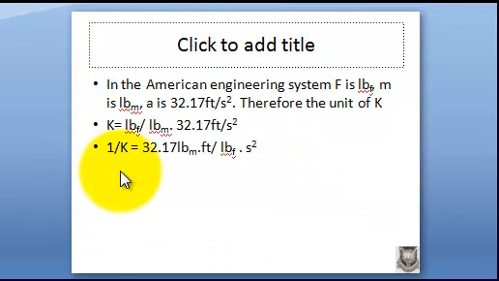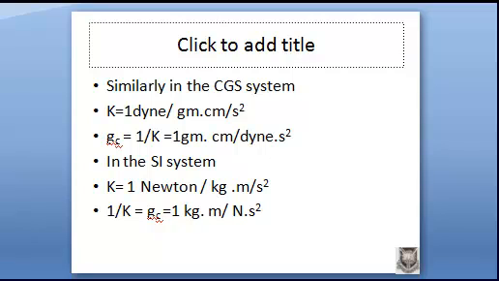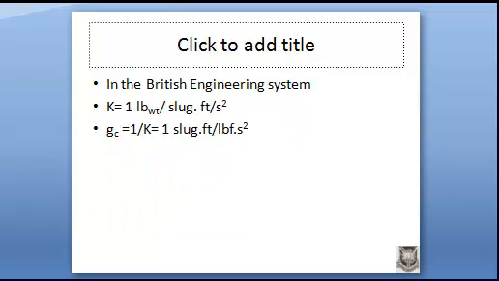The unit of K and GC, which is 1/K, in American engineering system, likewise in CGS system, as well as in SI unit system. The showing is the unit of K and GC, which is 1/K, in British engineering system.